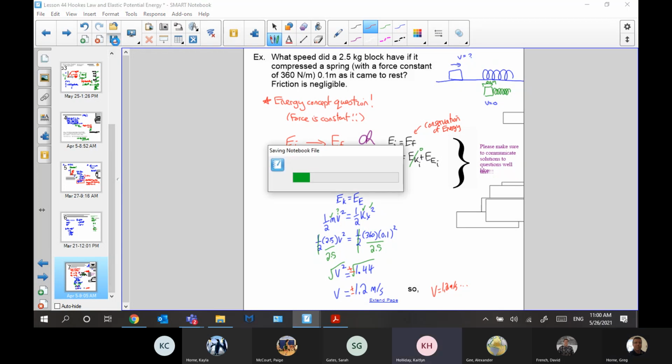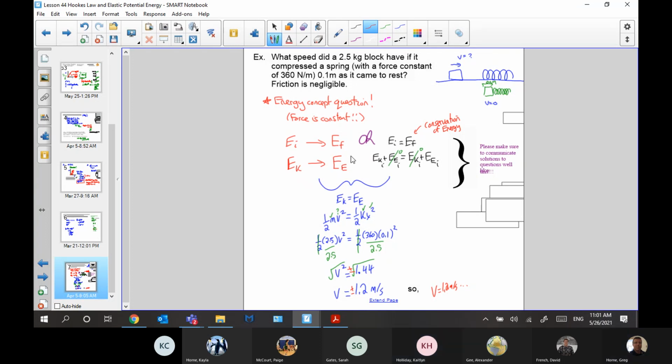Mr. Warren, I'm kind of confused why the kinetic energy is the same as the elastic potential energy. Because you started with kinetic energy, right? So you're coming in hot, right? With kinetic energy, and then once it hits the spring, all that kinetic energy changes to be energy stored in the spring.